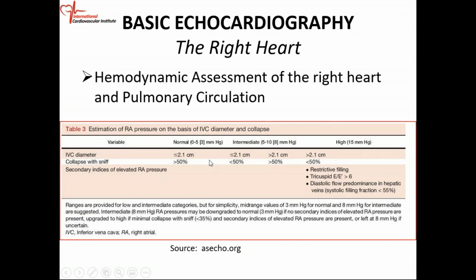So the numbers you need to really remember are the normal and the high. Anything that falls in between, you're going to give the right atrial pressure about 8 millimeters mercury.